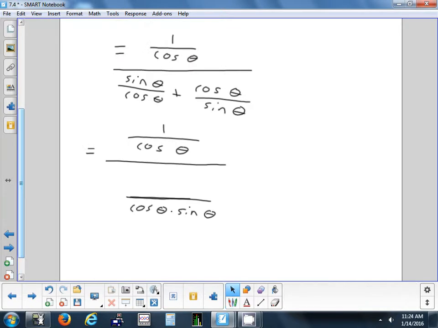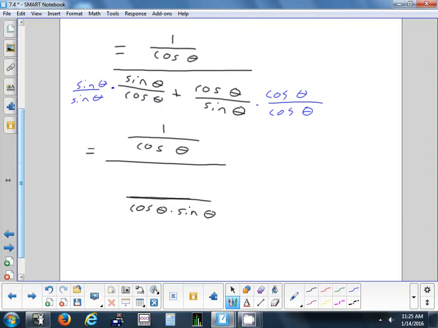What do you have to multiply this fraction by to get a common denominator of cosine sine? Sine. All right, so we'll do sine over sine. And what do you have to multiply the other fraction by? Cosine over cosine. Any questions on that?